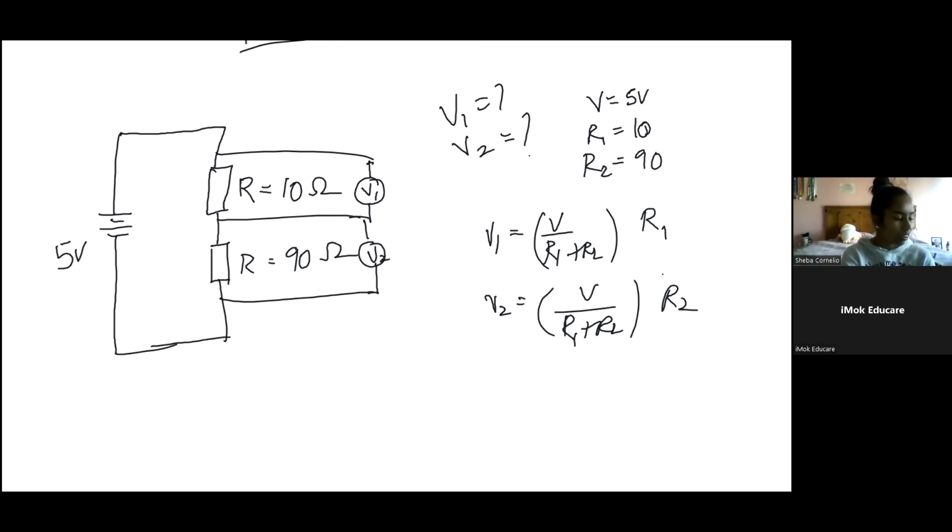Is that wrong? It's V upon R1 plus R2, the whole bracket multiplied by R1. The R1 plus R2 is in the denominator, for this case.